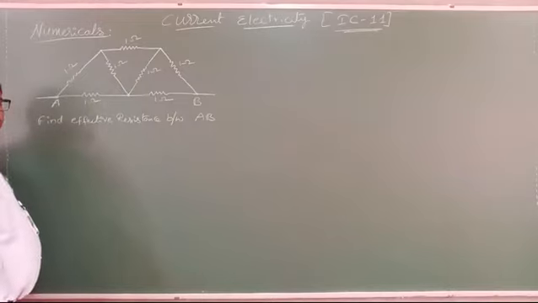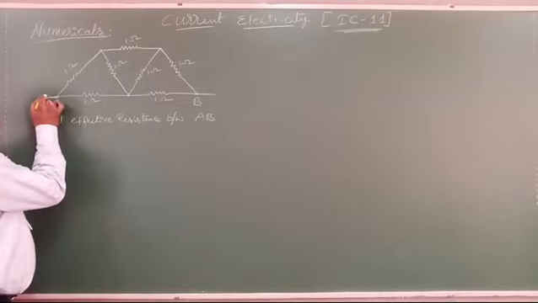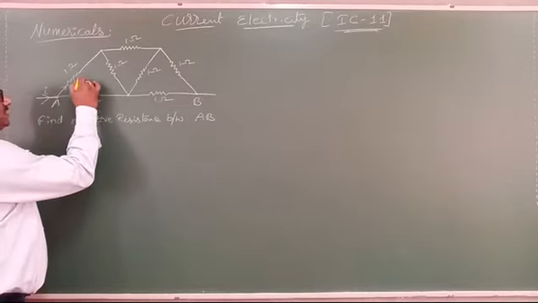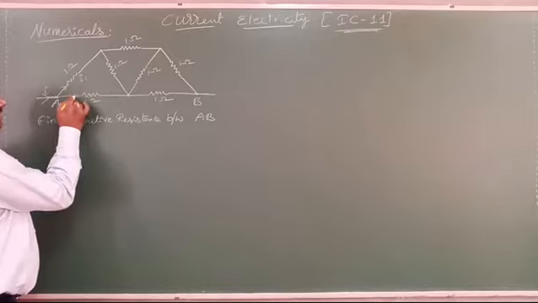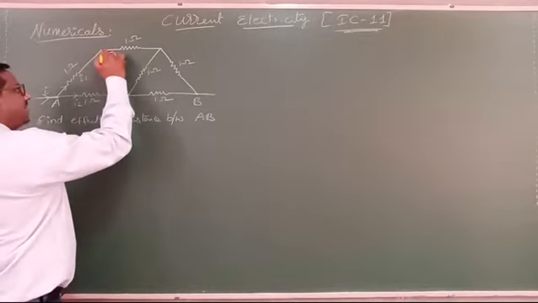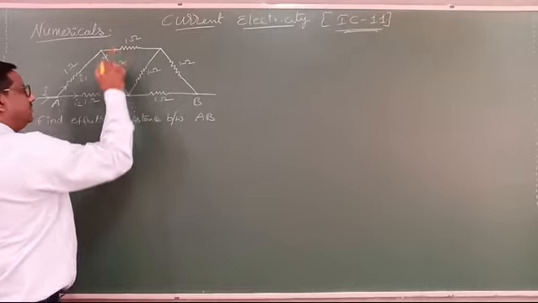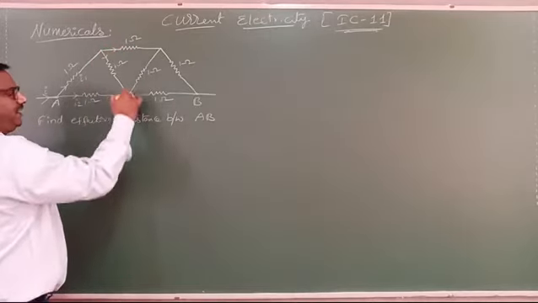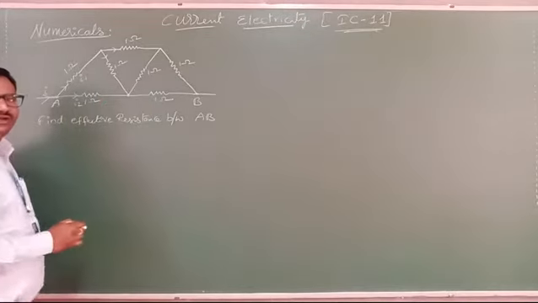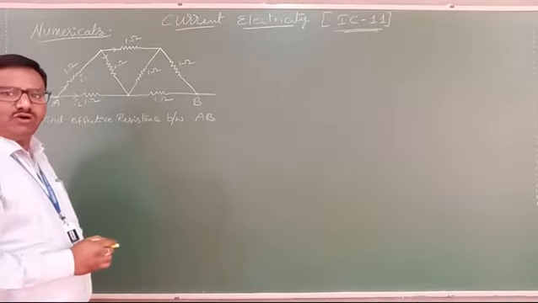Then how can you solve this? Very simple. If you pass the current I here, that current will split as I1 here and I2 here. Now this I1 current will again split, and then the current comes here. Here we need to know one small point.